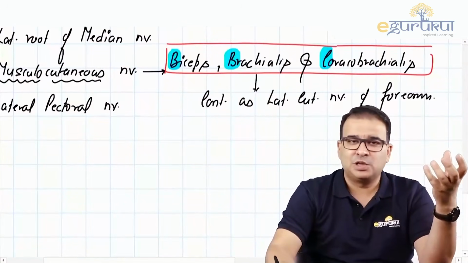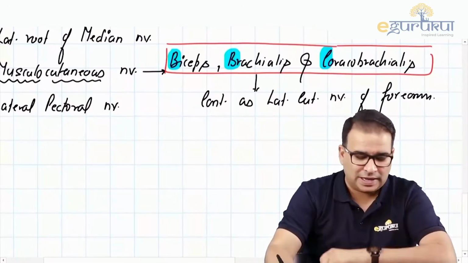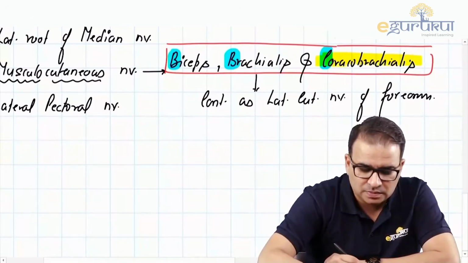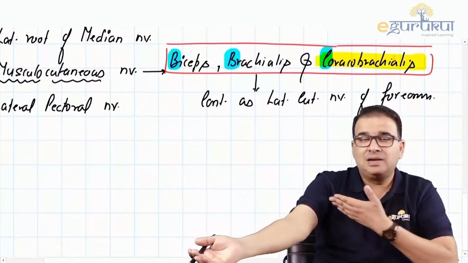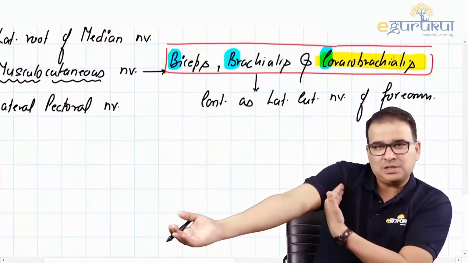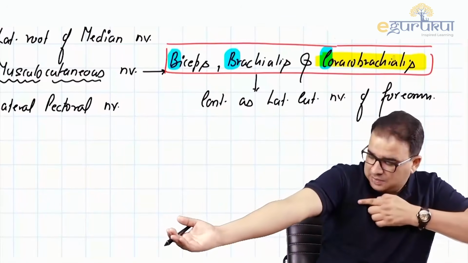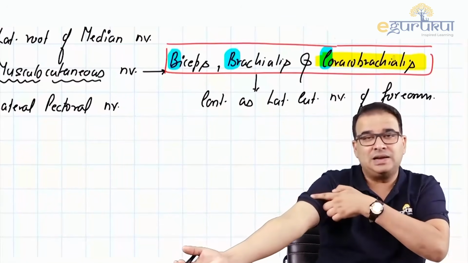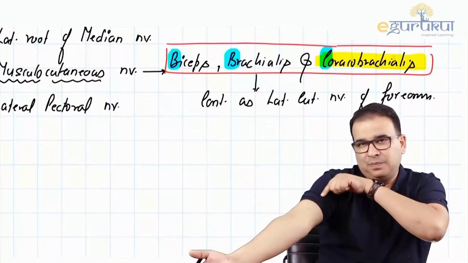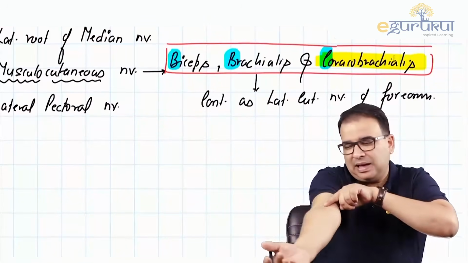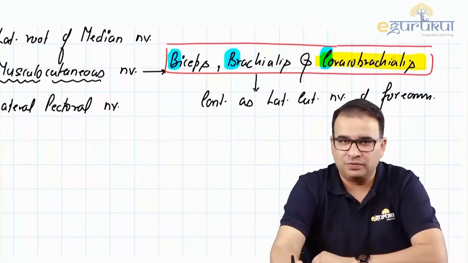If somebody asks you which muscle the musculocutaneous nerve pierces, you can note that also. The muscle which is pierced by the musculocutaneous nerve is coracobrachialis. That's how it enters the anterior compartment. Coracobrachialis muscle is here, more toward the medial side. So when the nerve comes from the axilla, it pierces the coracobrachialis and enters the anterior compartment. Then it runs deep to the biceps, superficial to the brachialis, and ultimately as a cutaneous nerve in the forearm.